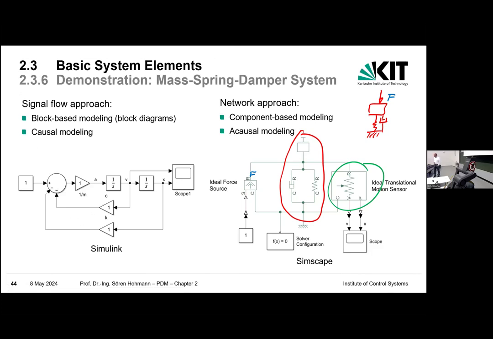And now you might ask, why are we using Simulink if the right-hand side is existing? It's so much easier. If there is a solver that does the job for me, why should I use Simulink? Doesn't make sense. Because the computer, if not wrongly programmed, does not make mistakes.